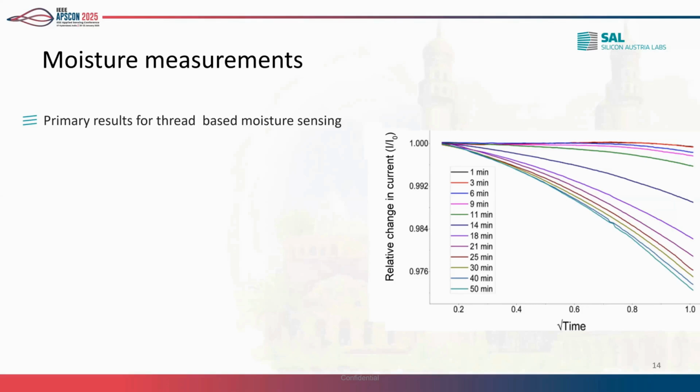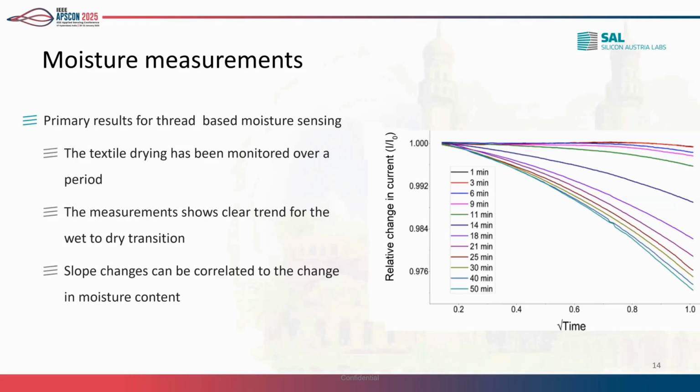At certain intervals, we apply the heating pulse and measure the resistance or the change in current. What we see is that the textile drying over time is very well visible, and the wet-to-dry transition was very clearly visible there.